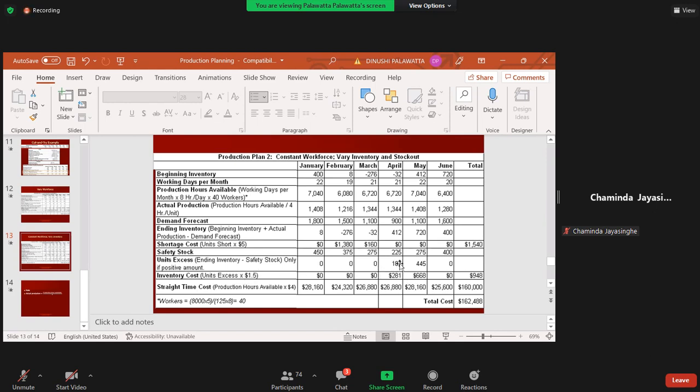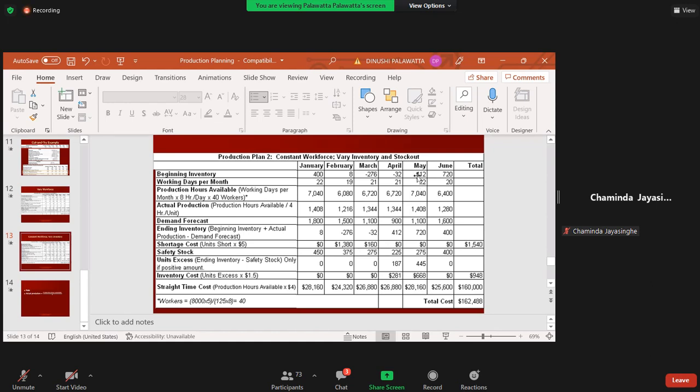So 187 multiplied by 1.5, you get 281. 6,720 multiplied by 4, you get 26,880. And then go to May. Your beginning inventory is the ending inventory from here.